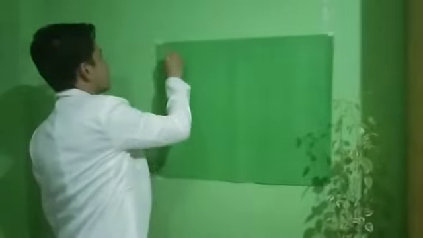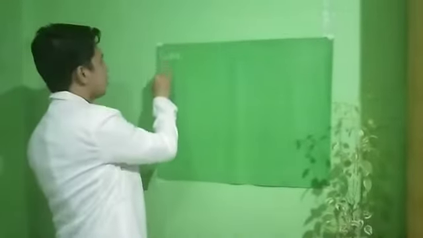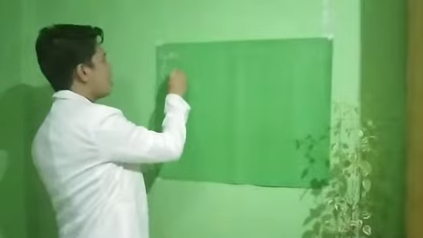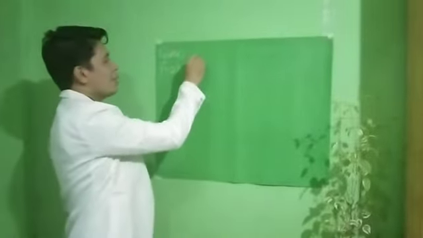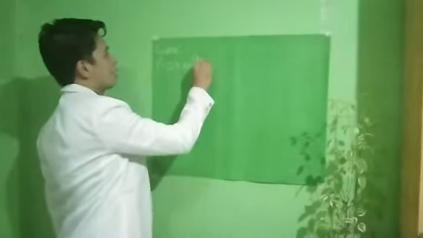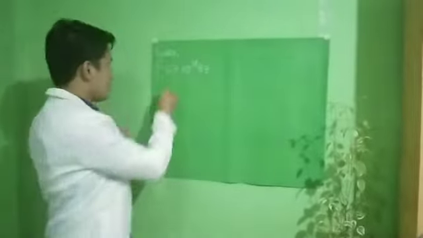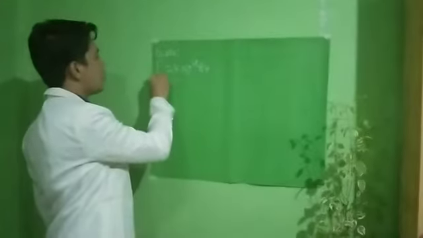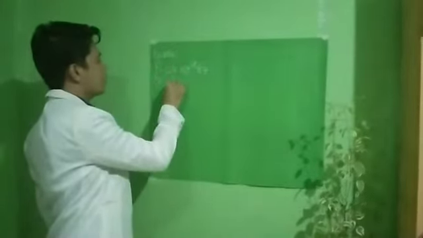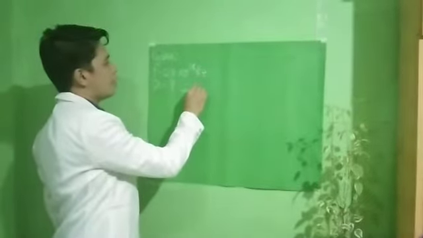Okay, so for the second problem, of course, we need to write our given. Based on our problem, the given is the frequency, which is 27 times 10 raised to 18 hertz. What is asked is, we have to find the wavelength, in terms of angstrom.